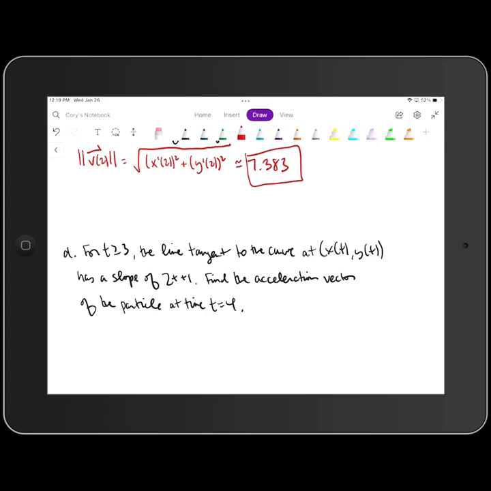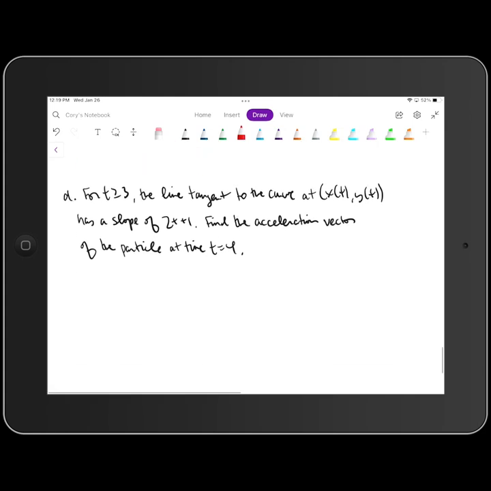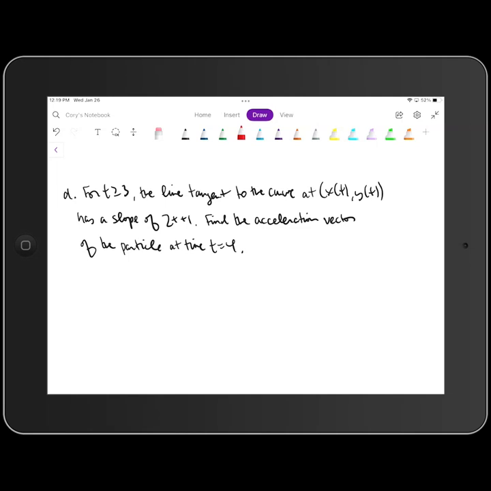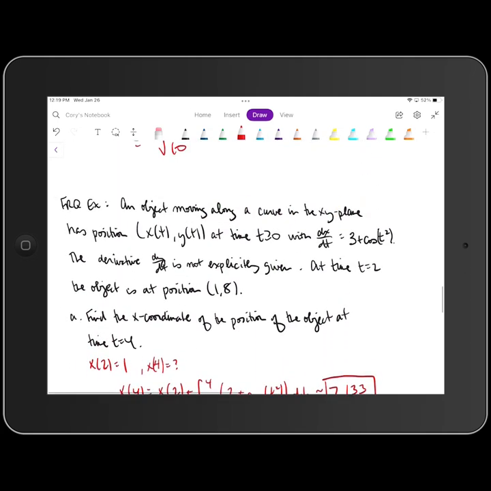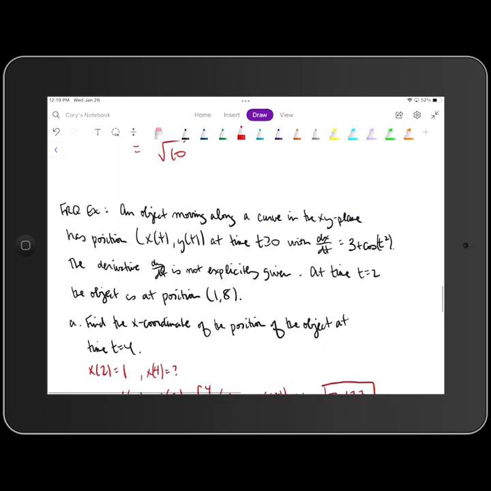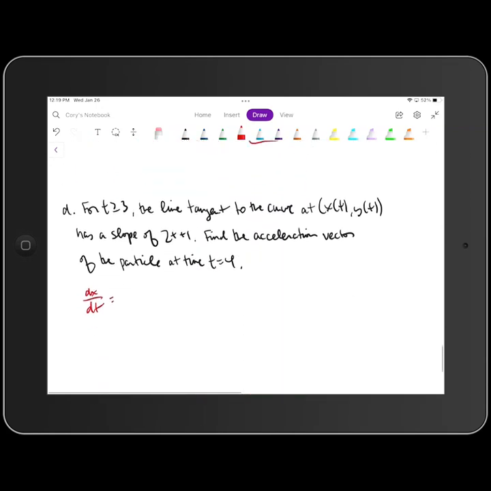Okay, so for this one, if I want to find the acceleration vector, the first thing I want to do is determine what dx dt and what dy dt is. So we know that dx dt, we are told from the initial directions that were given, is 3 plus the cosine of t squared.